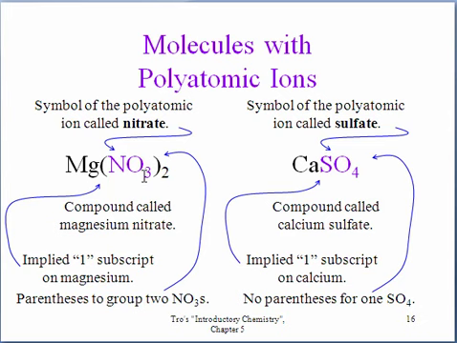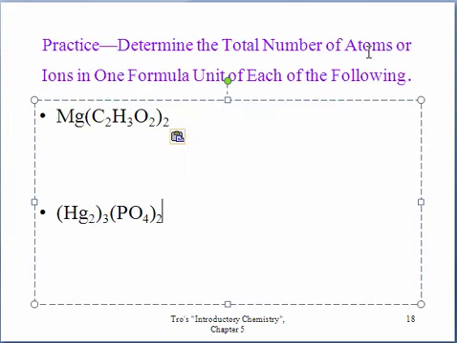And there are a total of 6 oxygen, because there's a total of 2 nitrates, and each nitrate has 3 oxygens, so 2 times 3 is 6. So we multiply this subscript by the subscripts within the parentheses to get the total number of atoms of a given element. Over here, because there's no parentheses, we just count the subscript. There's 1 calcium, 1 sulfur, and 4 oxygen.